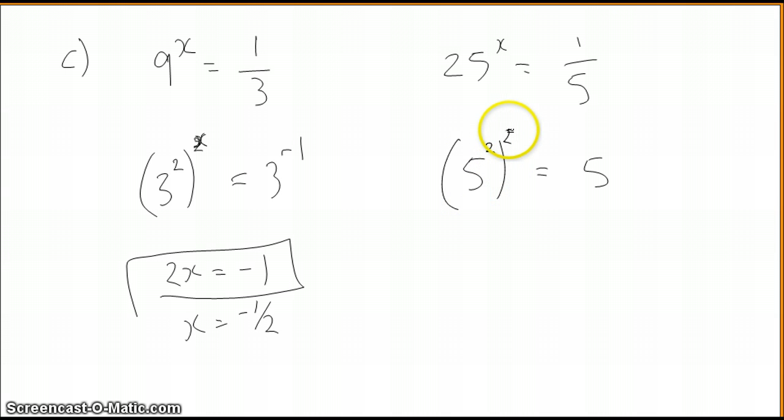Right? There's still an x here. And 5 to the power what gives 1/5? -1. Good. Equate the powers. 2x equals -1. x is the same as the last one, -1/2. Done.